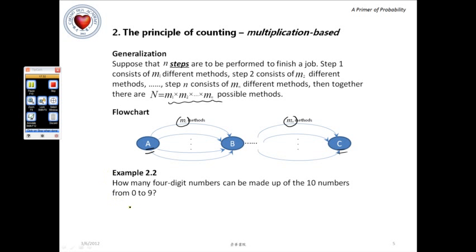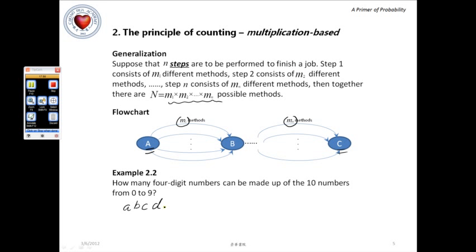So we write a 4-digit number like A, B, C, D. A is the 1000 digit, B is the 100 digit, C is the 10 digit, and D is the single digit. Hence, we can conclude that the multiplication rule should apply.